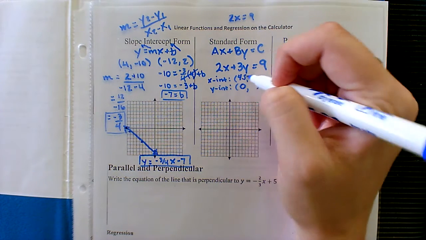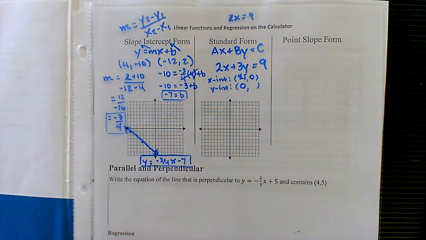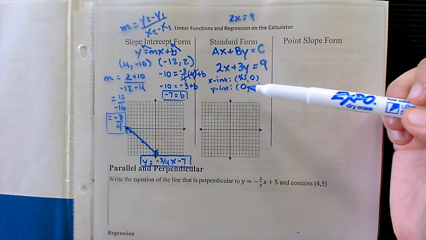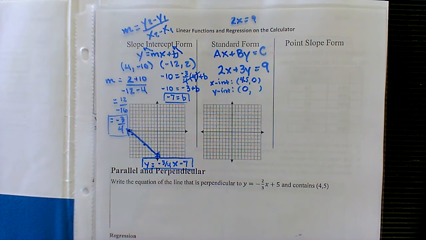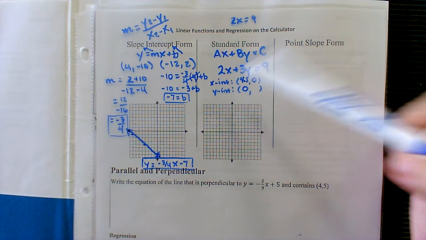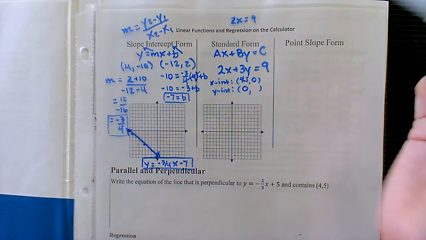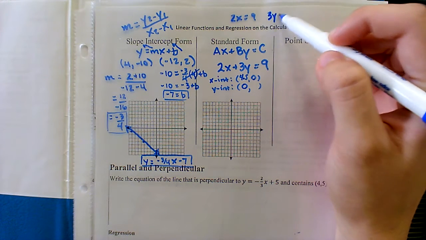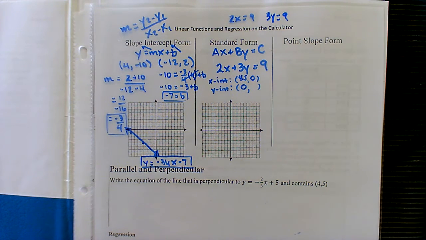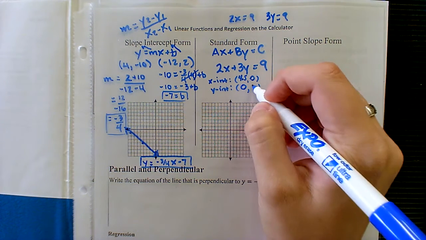Okay, so we just found that point on our graph. Let's go ahead and find the y-intercept. This time we'd have to plug in 0 for x. If we plug in 0 for x, that 2x would go away. So we're just left with 3y equal to 9. What's our y-intercept? Good, Emily? 3.